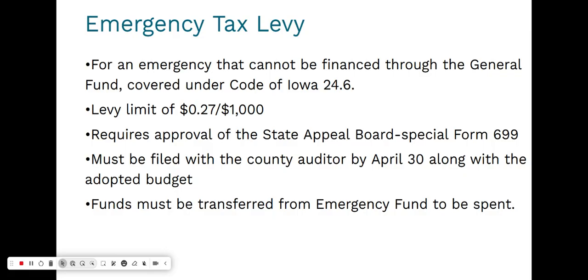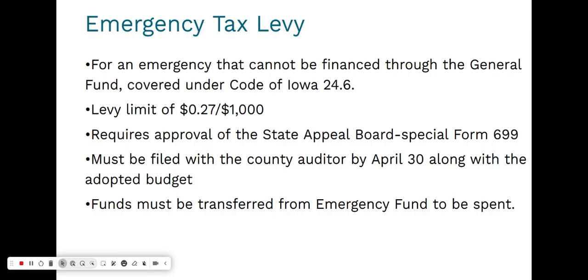Then the county auditor would need to let me know and the State Appeal Board, and your proposed use of that emergency levy would be determined by the board itself. So you would adopt your budget, including the levy, be able to demonstrate that your public was in support of that levy through the budget process, and then file it, including that levy.